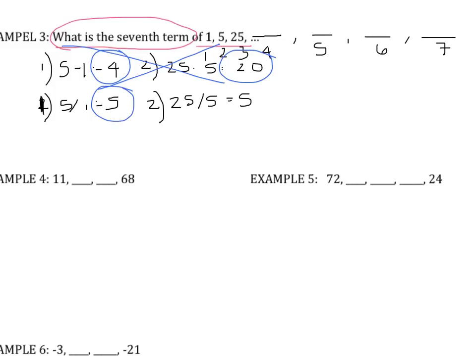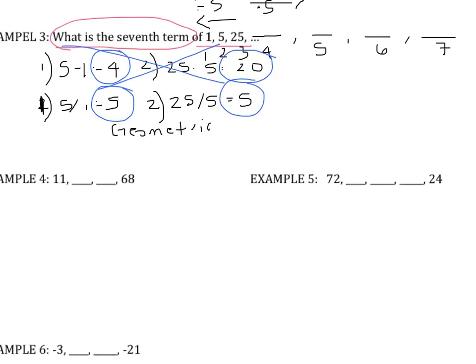I got two numbers that match, so I know that this is going to be geometric. And remember, with geometric, we have to think, okay, we were dividing this way, so to go to the left, we're going to divide by 5. But to go to the right, we're going to do the opposite, so we're going to multiply by 5.